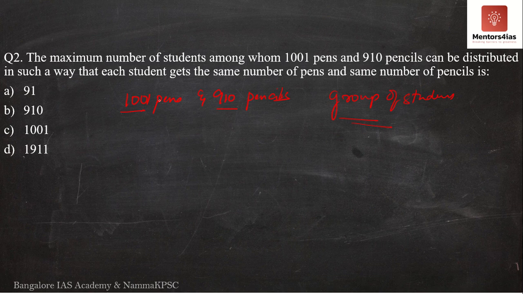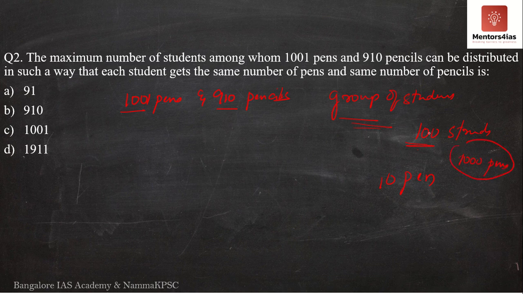Let me give you an example over here. What if I form a group of 100 students? Now if I have to distribute the pens among 100 students, what will happen? Every student will get 10 pens. So 100 tens are, I have distributed 1000 pens, correct?